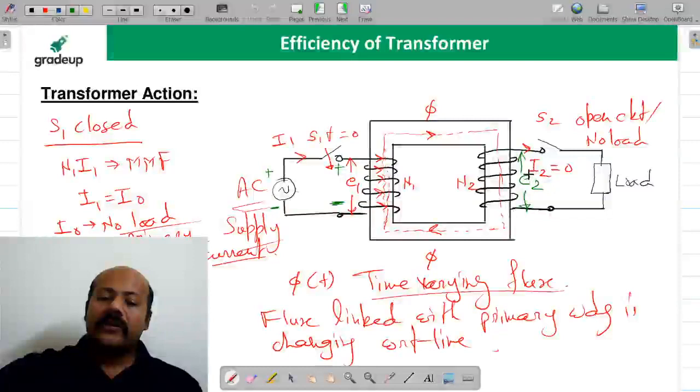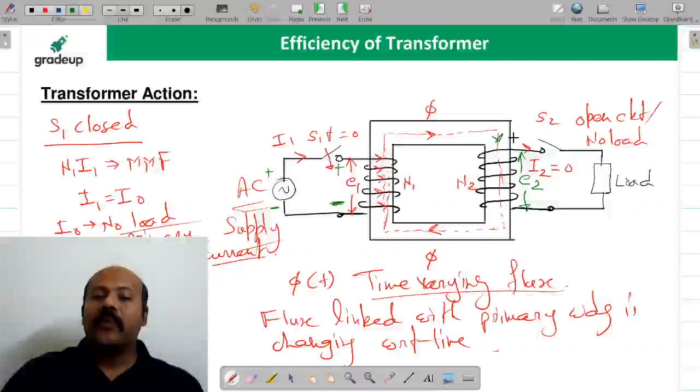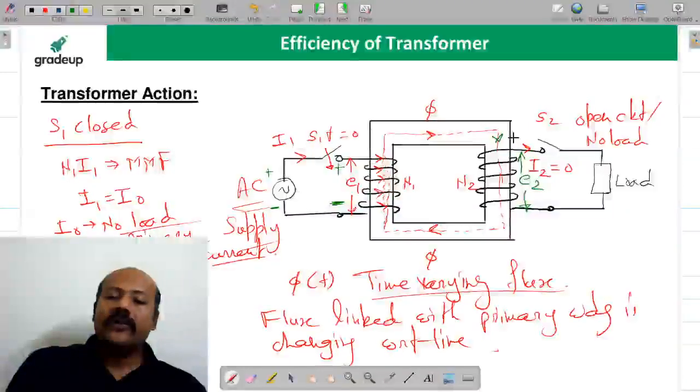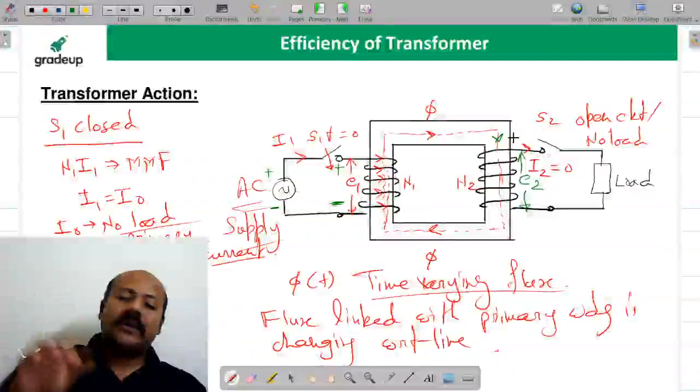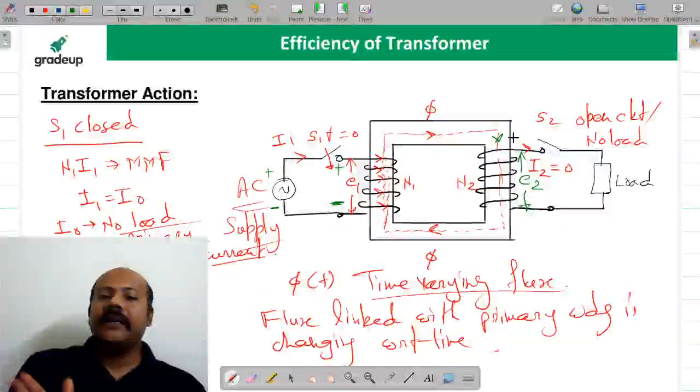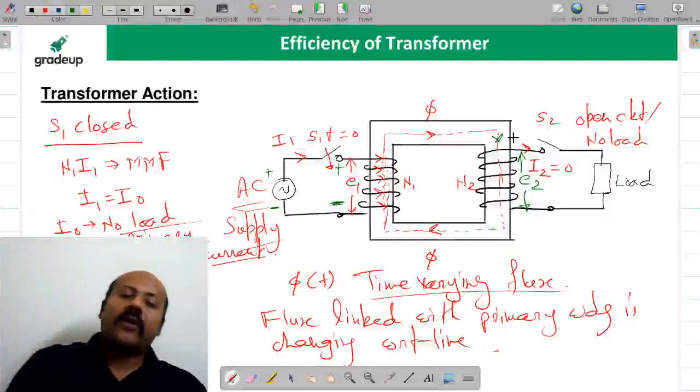Okay, now let us see the polarity also. Suppose if you want to see the polarity of E2 here, the moment you close this switch, in which direction is it going to flow the current? Just see here. The direction of the core flux is this direction. And if you want to oppose this flux, then you should have some flux generated by this current in the secondary winding in the upside direction, bottom to up.